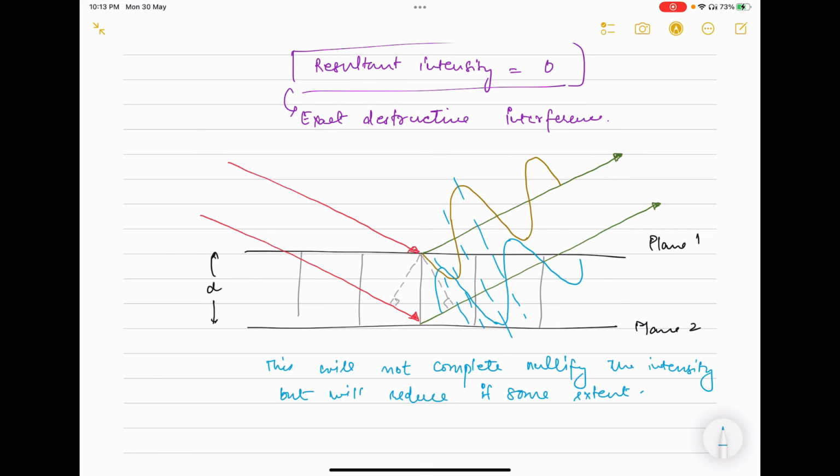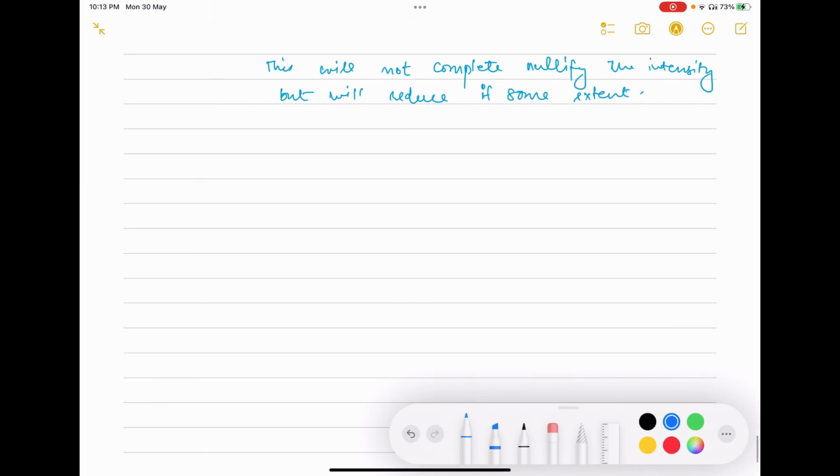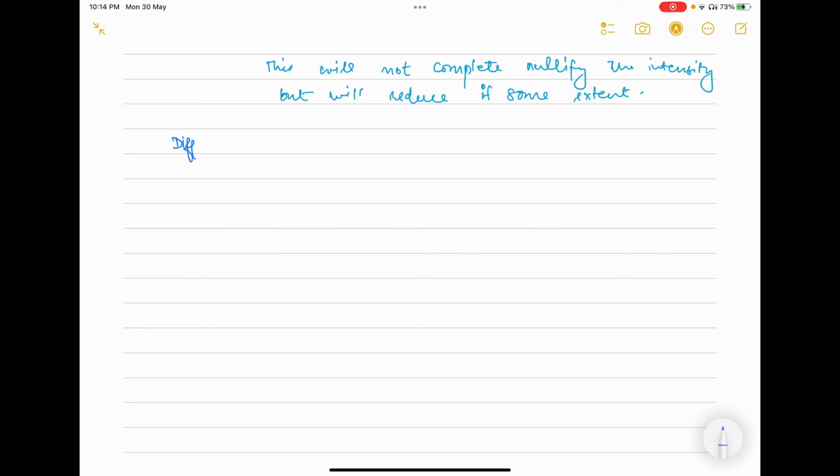Okay, so this was about interference. Now, some aspects related to diffraction. Diffraction needs certain important conditions to be satisfied. So, what are those conditions? Diffraction requires three important conditions to be satisfied.